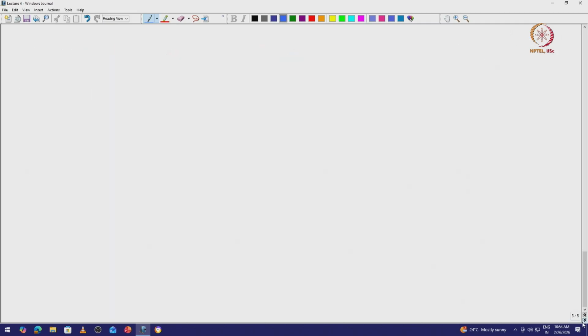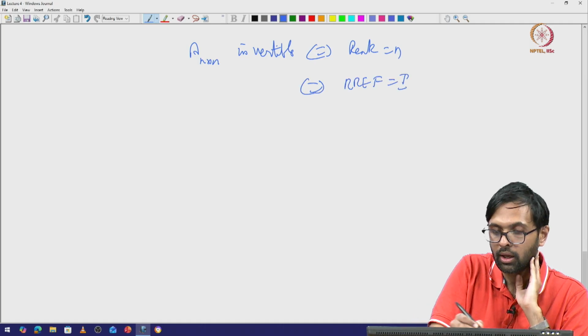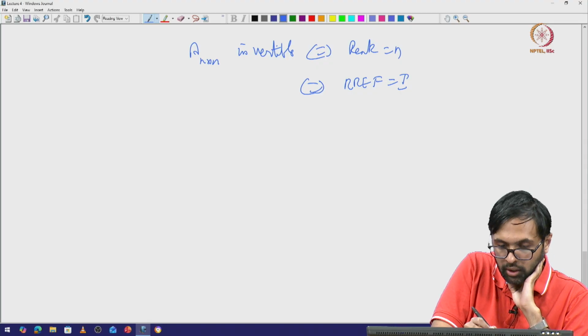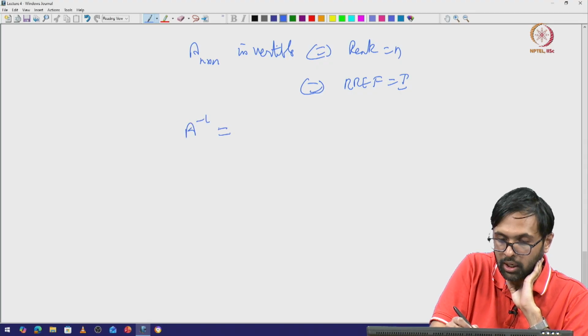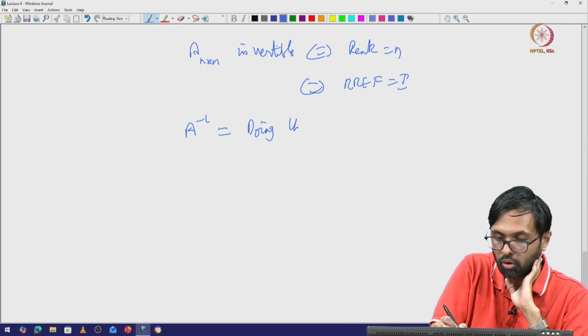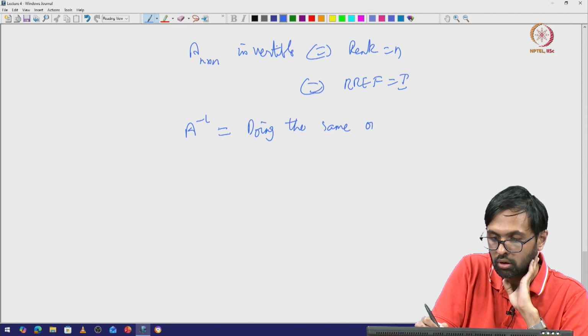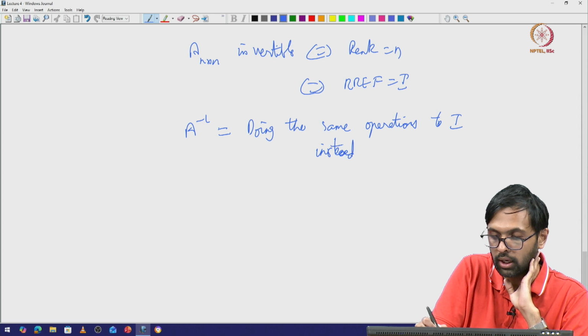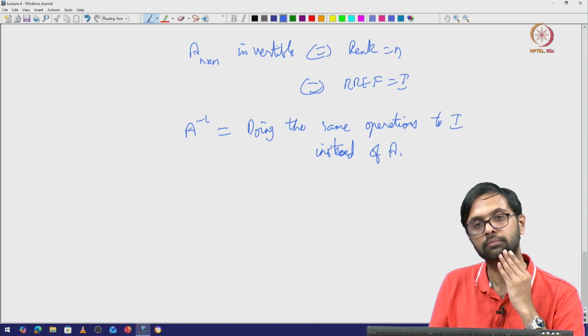So in other words, once again, let me state it. A n by n is invertible if and only if rank is n, and that happens if and only if row reduced echelon form is identity, and A inverse is obtained by doing the same row operations to identity instead of A. Yeah?